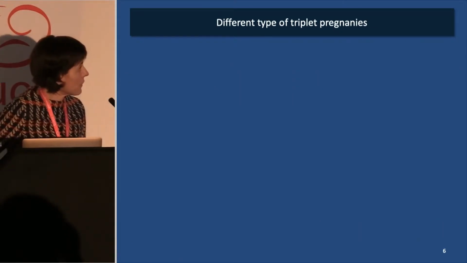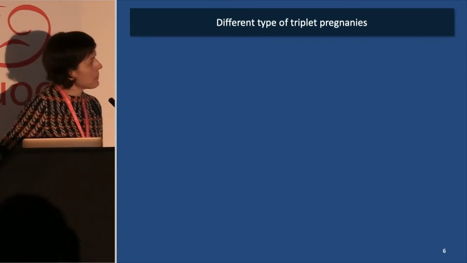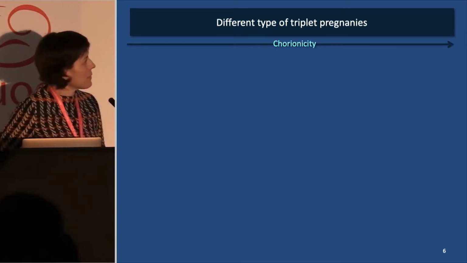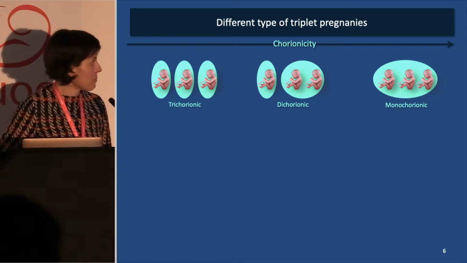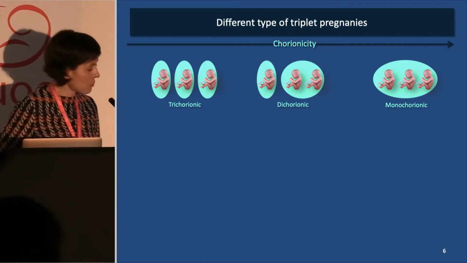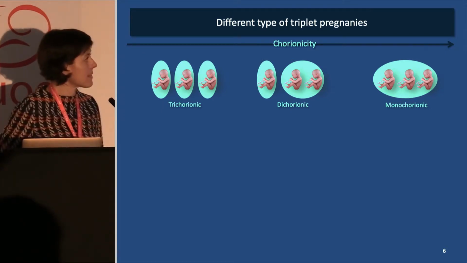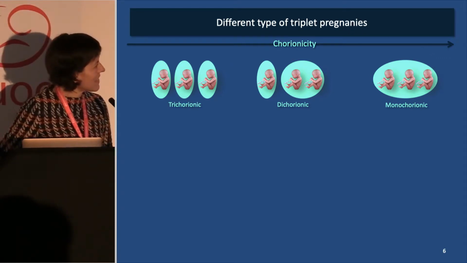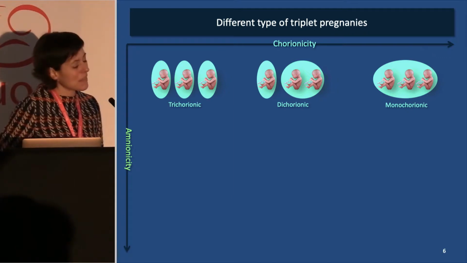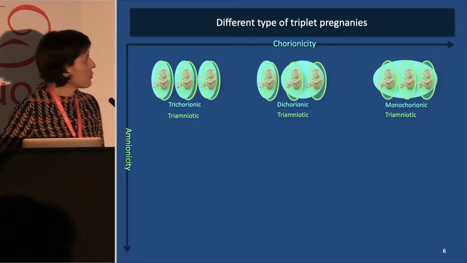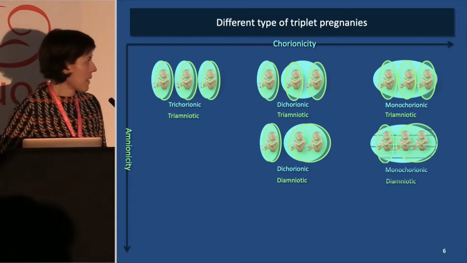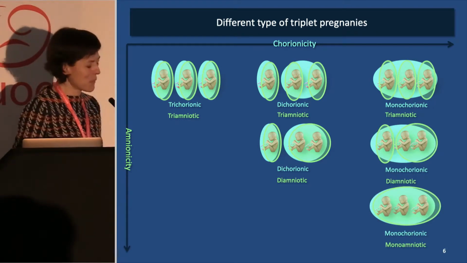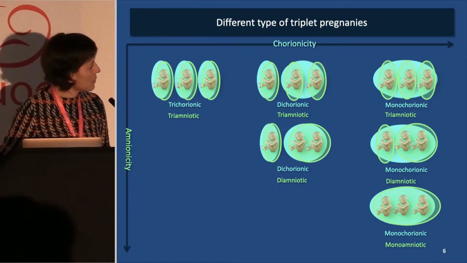Now, just what type of triplets and how do we talk about triplets? It's the same as for twins, basically. You can divide them by the number of placentas into trichorionic, which are the most common triplet pregnancies, and dichorionic and monochorionic, which are much less common. And then according to the amnionicity into triamniotic, diamniotic, and very, very rarely monochorionic, monoamniotic triplets.